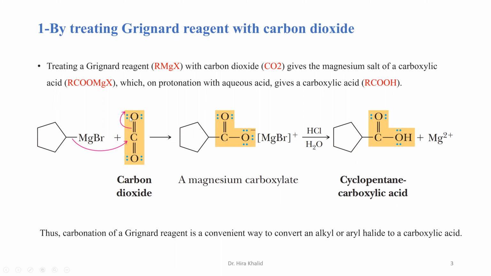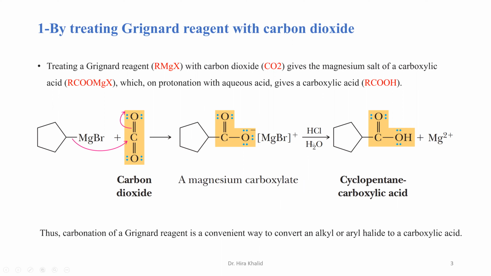If it takes back its pi electrons, this carbon becomes an electrophile. So the Grignard reagent will attack on this side, right? And there will be the magnesium carboxylate, which is a magnesium salt of the carboxylic acid, because only the hydrogen is still missing.